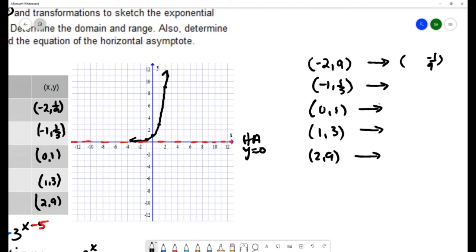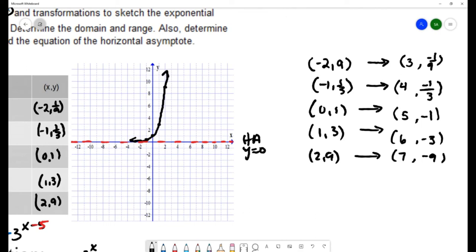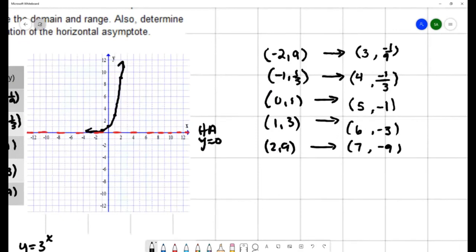So all of the y coordinates have the opposite sign. And all of the x coordinates we're going to add 5 to. So -2 plus 5 would be 3. -1 plus 5 would be 4. 0 plus 5 would be 5. 5 plus 1 would be 6. And 2 plus 5 would be 7. So these are my new ordered pairs with the transformation.